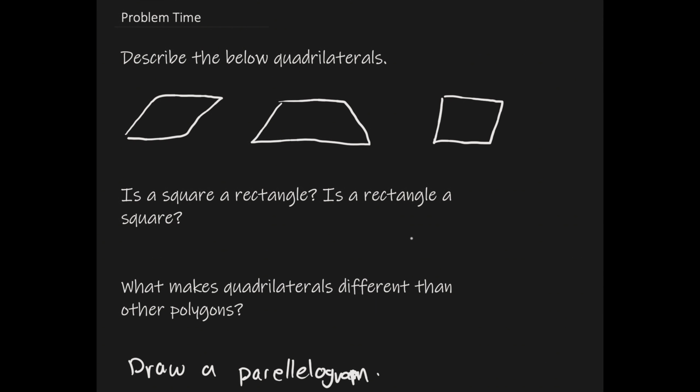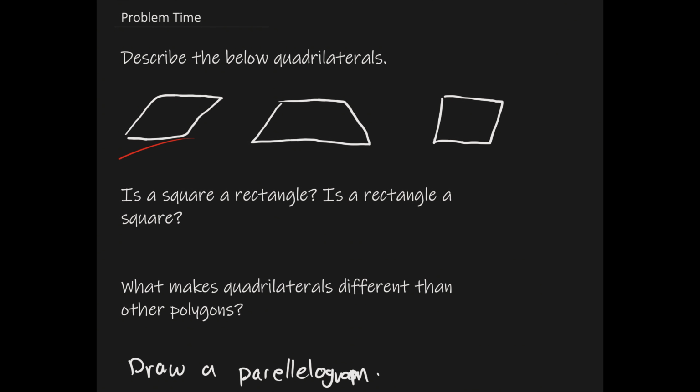Okay, so I'm assuming that you paused the video. Now we're going to check your answers. Number 1, describe the below quadrilaterals. Since there's probably a lot of traits here, we're just going to add a new page and list them all there. The first one, this one, we're going to call number 1, just so I don't forget.